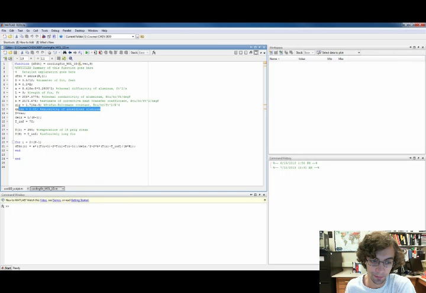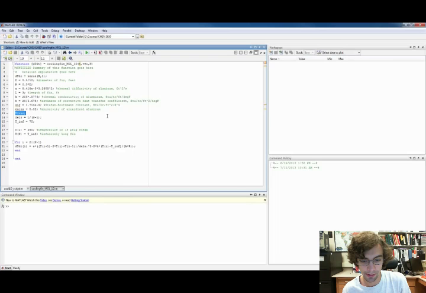I've defined some radiation terms, which is actually interesting. The equations that I just showed you that are well knowable take into account convection from the surface, but they don't take into account radiation.